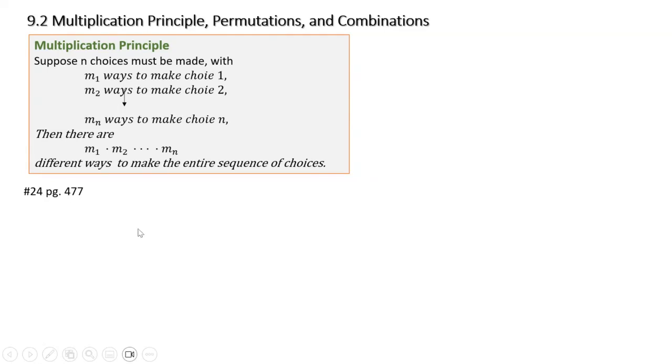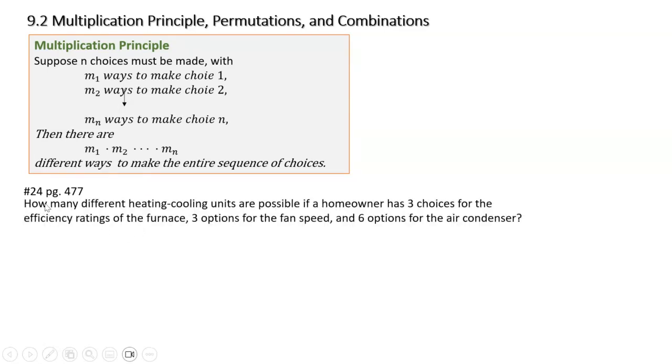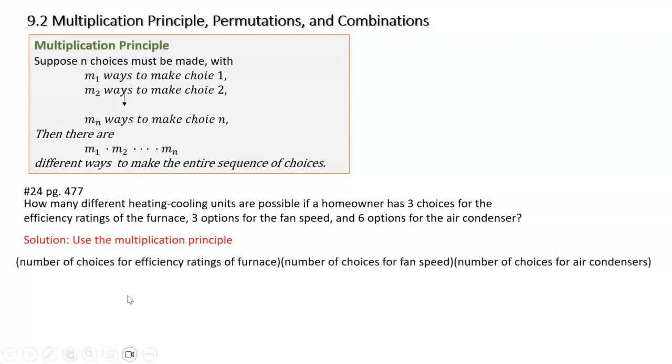This is number 24 from page 477. It says here, how many different heating cooling units are possible if a homeowner has 3 choices for the efficiency ratings for a furnace, 3 options for the fan speed, and 6 options for the air condenser? Okay, here we go. By using the multiplication principle, the number of choices for efficiency ratings of furnaces will be 3.